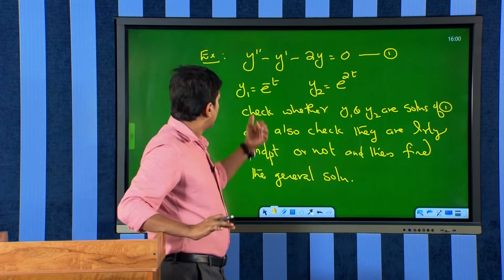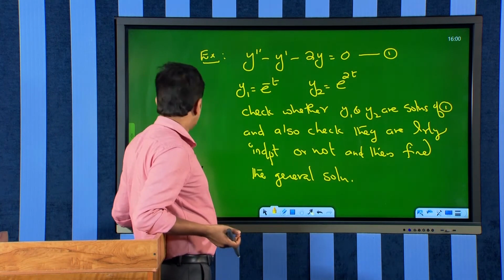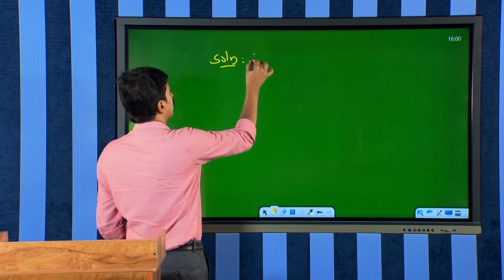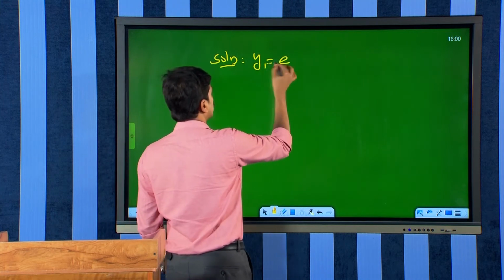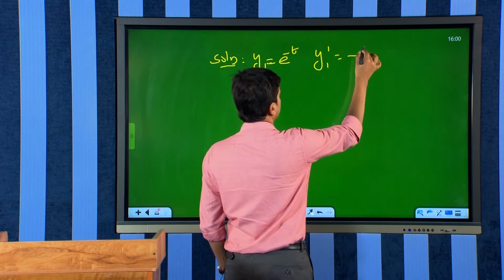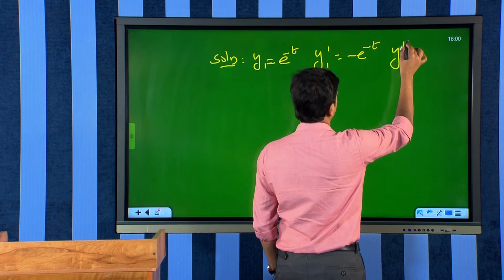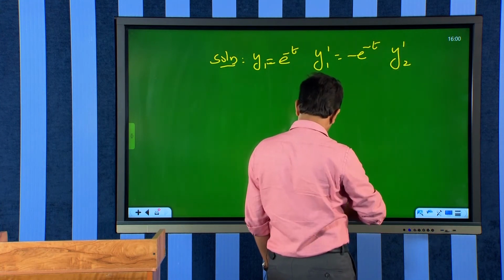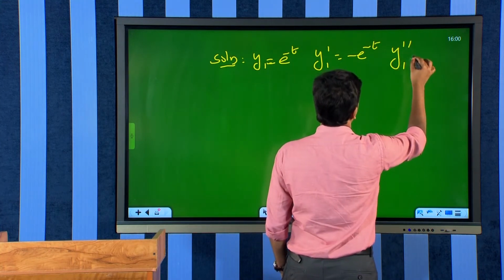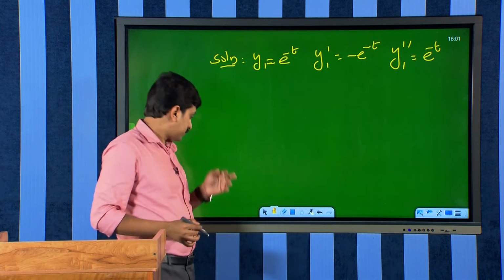We have been given two functions, y1 equal to e raised to minus t. So, y1 dash is equal to minus e raised to minus t, and y1 double dash is equal to e raised to minus t itself. Okay.